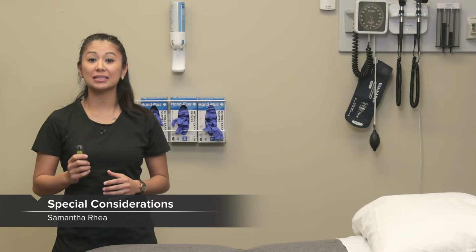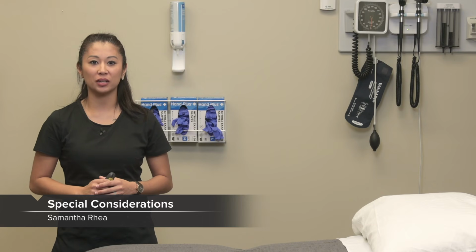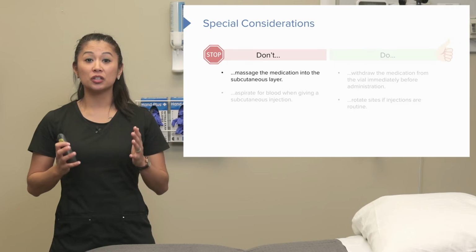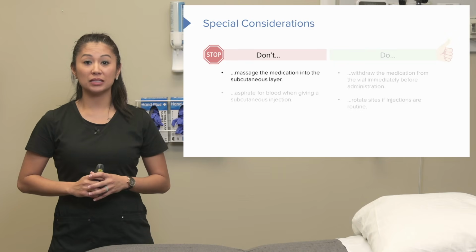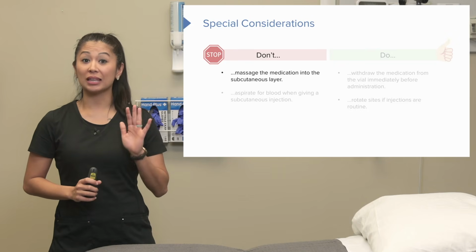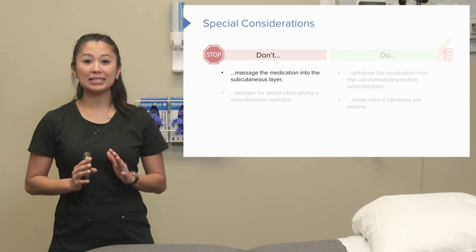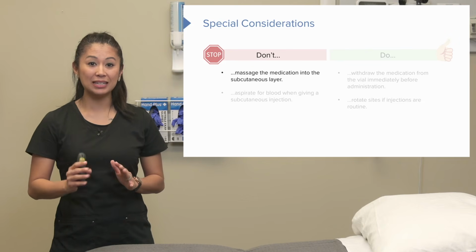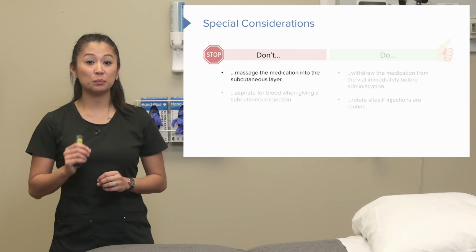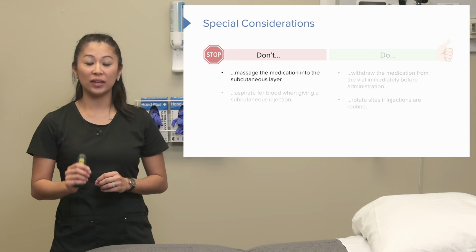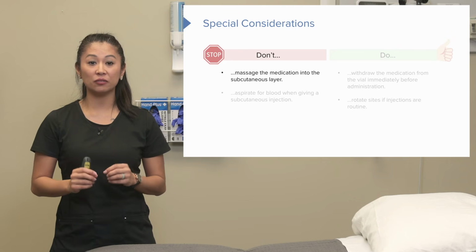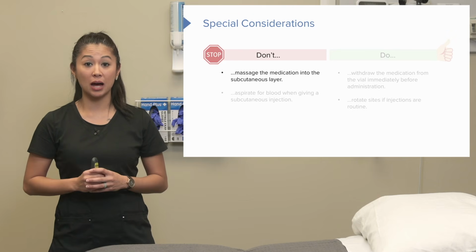Let's talk about some special considerations in regards to the subcutaneous or subq injection. Looking at the do's and don'ts of subcutaneous administration, let's first look at the things we don't do. Let's not massage the medication into the subcutaneous layer. This is particularly important with any sort of blood thinner given for DVT or blood clot prevention.